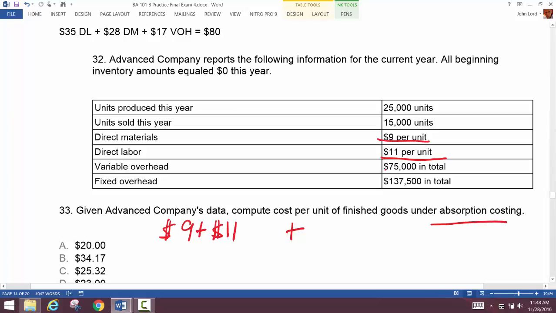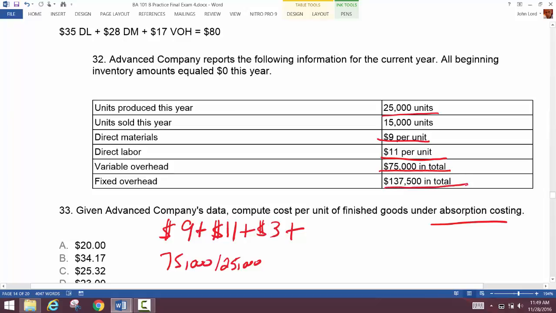What do you want to do with the variable overhead? 75,000, divided by 25,000, what's that? $3. Anything else?